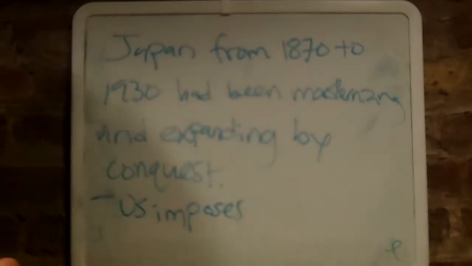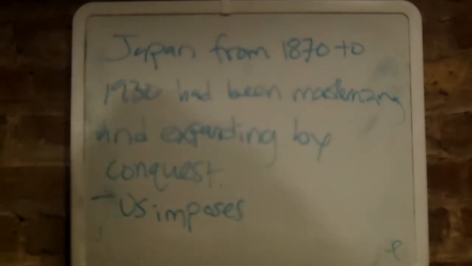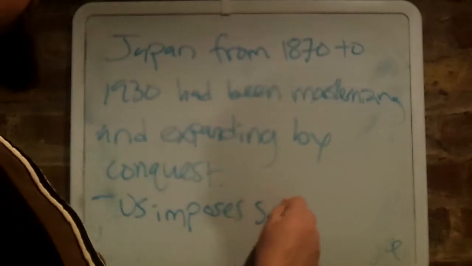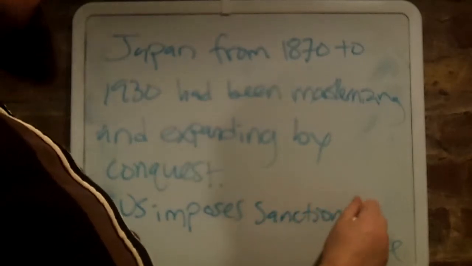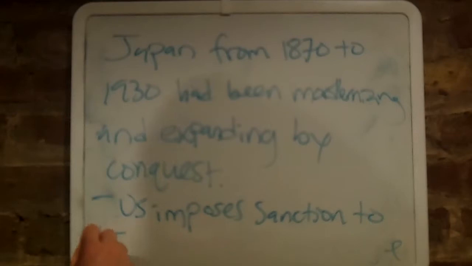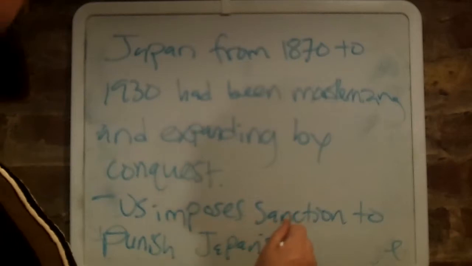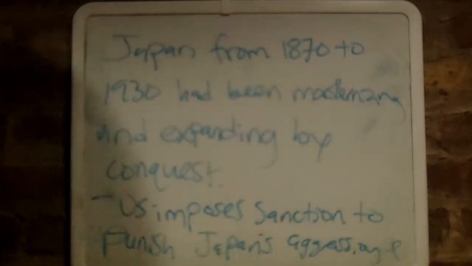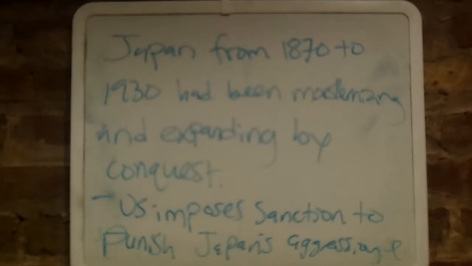One of the things you realize when you look at history is sanctions are almost always a prelude to war, and this was probably the most classic example I can think of to punish Japan's aggression. And what was the result of that?